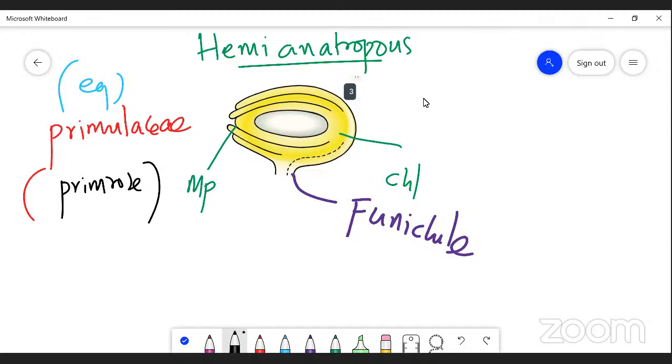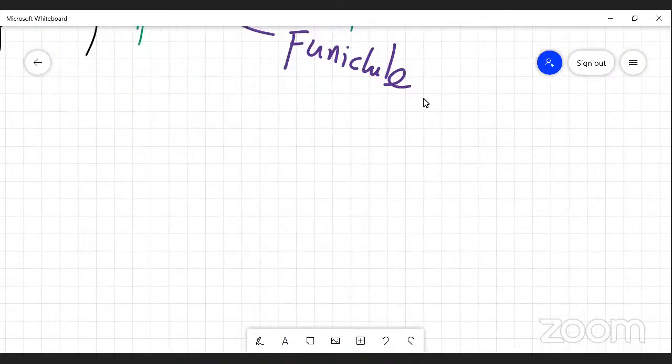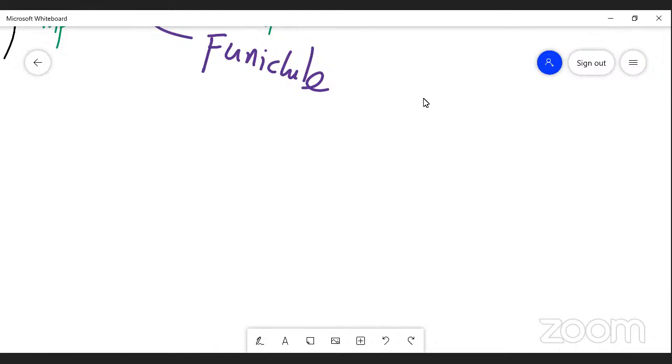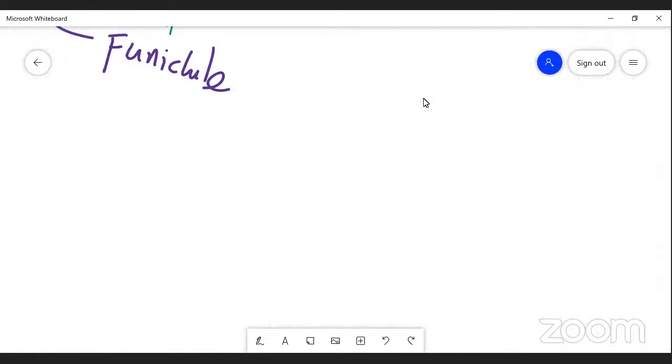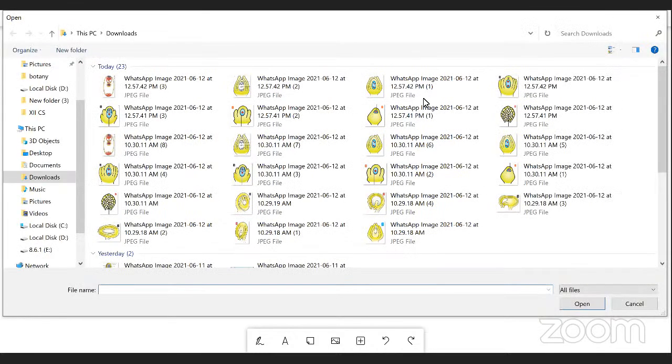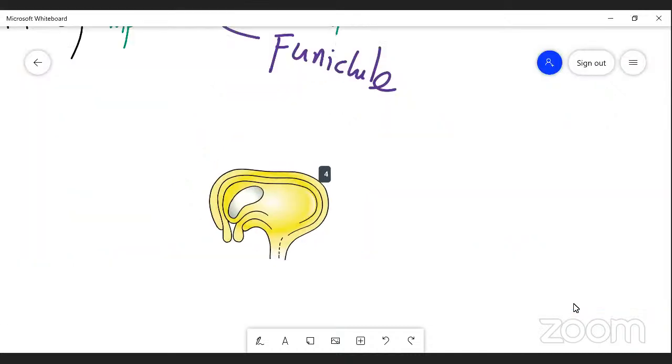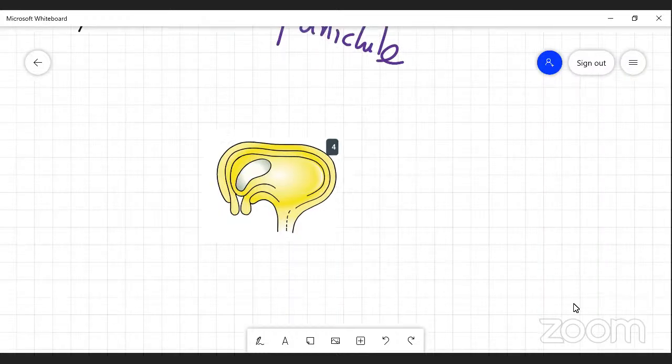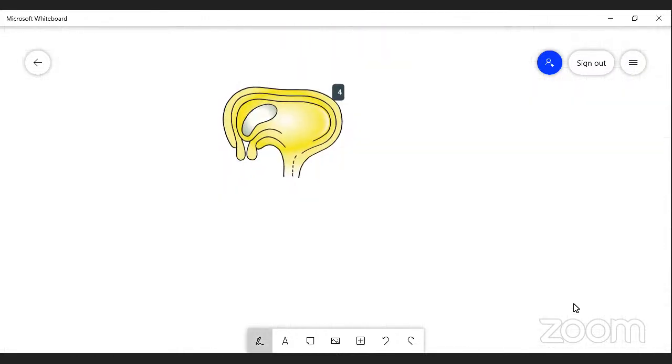The next, fourth category is campylotropous. Students, my dear students, we are discussing various types of ovule. The fourth category is the campylotropous ovule. It is a very interesting one.